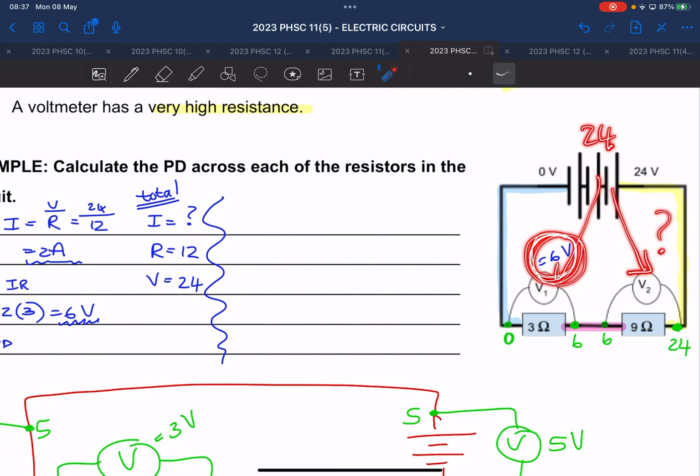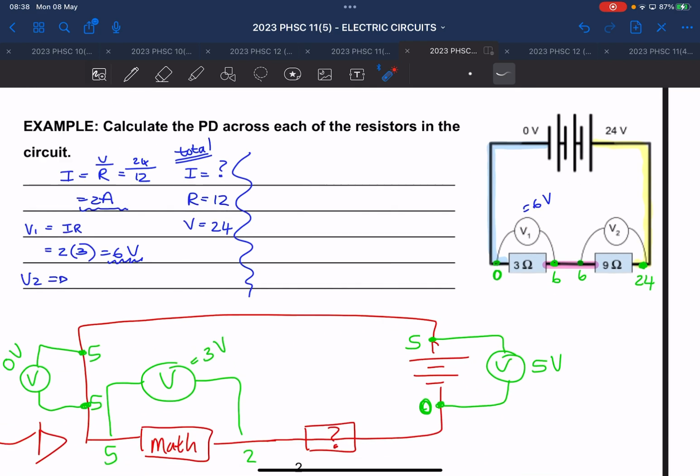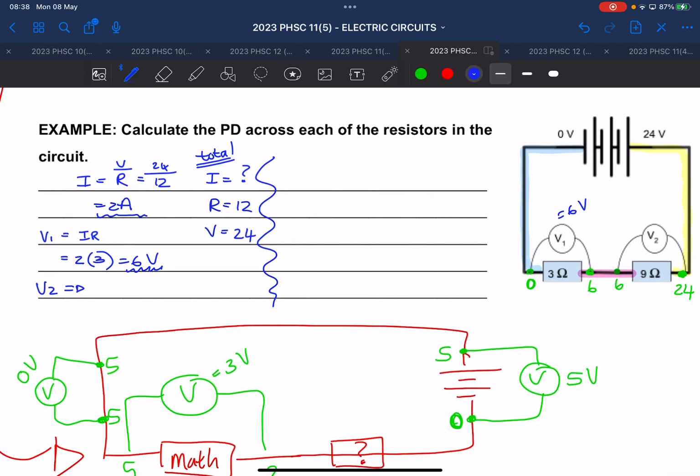You have 24 sandwiches in your bag. You already ate 6 there. Then you have 18 left there. Okay, so you are going to say 24 minus 6 gives you 18 volts.